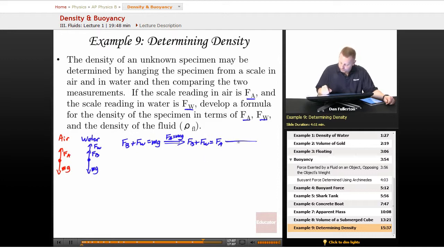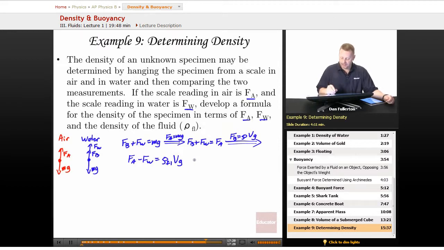But that buoyant force is equal to rho fluid V g. So I could rewrite this then as FA minus FW, with a little bit of rearranging, must equal density of our fluid times the volume displaced times g.